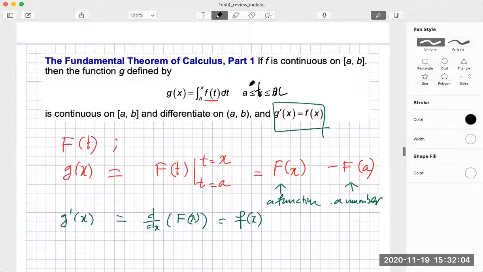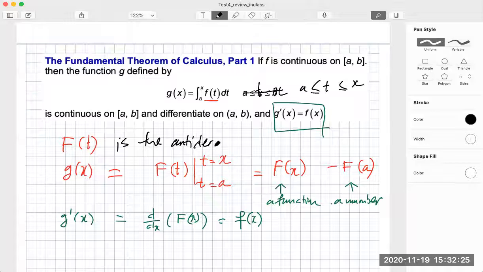Here, t is from a to x. Suppose, hi Dylan. Suppose capital F is the antiderivative of small f here, right?